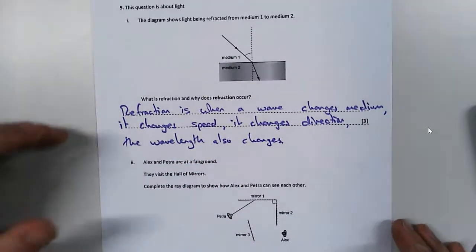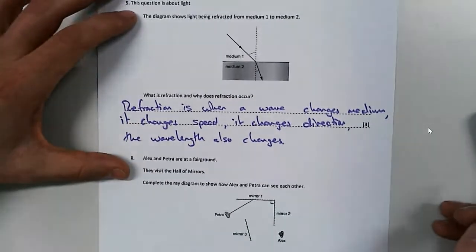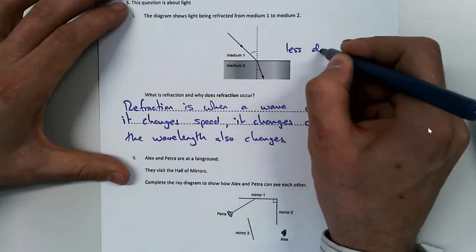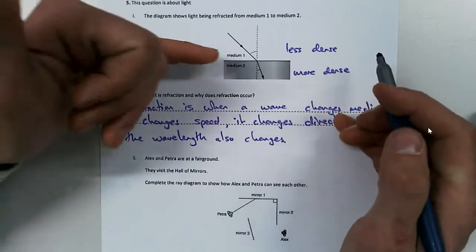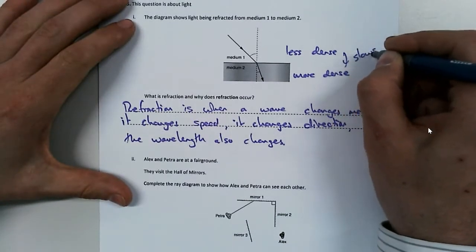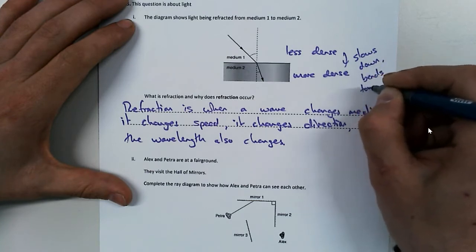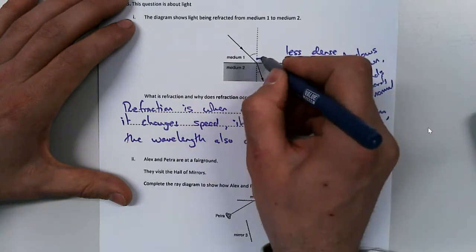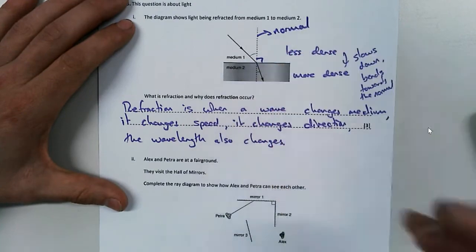That's probably enough for 3 marks, but it's always worth remembering something else about refraction: if we're going from less dense to more dense, so that's the material, for example from air into water, then it slows down and it bends towards the normal. And the normal is the line at 90 degrees to the surface. So this here is the normal line.